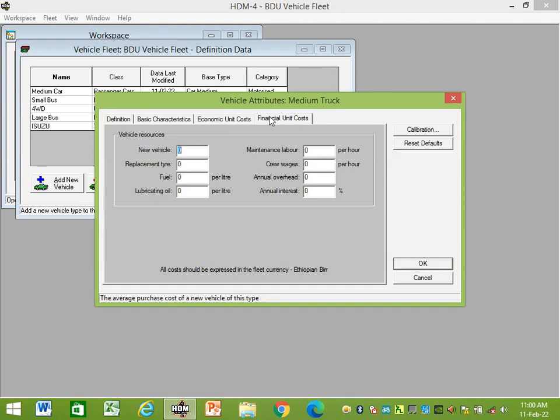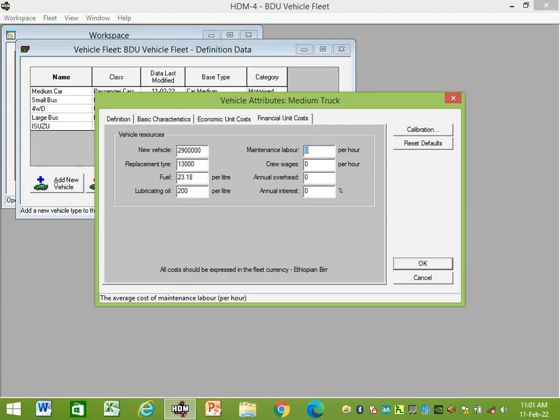Financial. The financial medium truck is 2,900,000. Replacement tire 13,000. Check me. Fuel financial 23.18. Lubricating oil is 200.